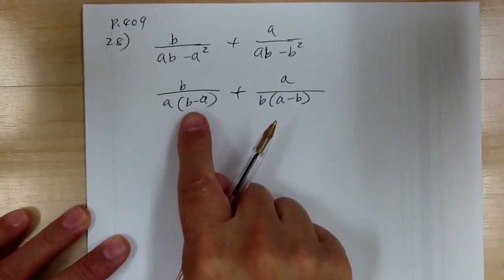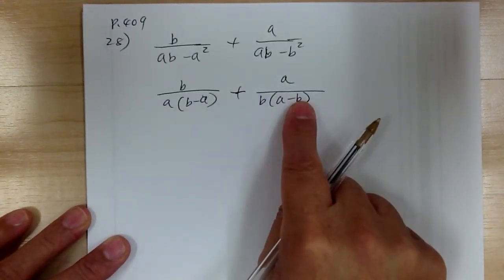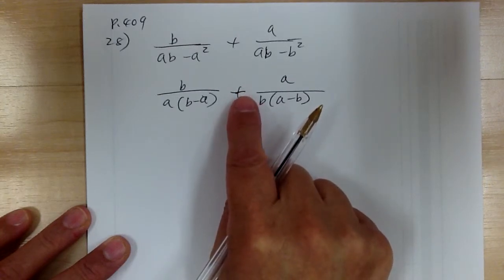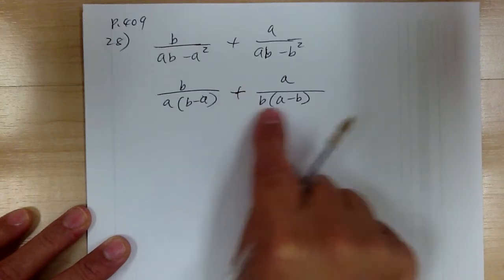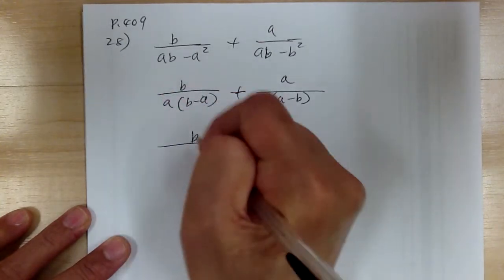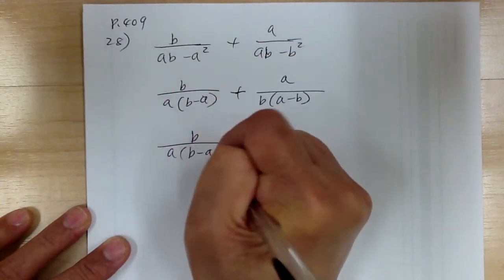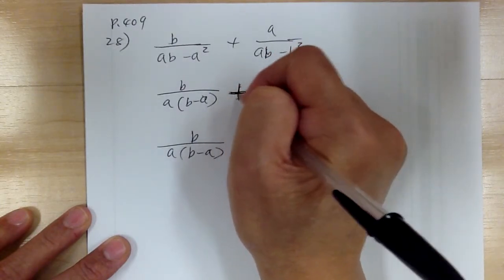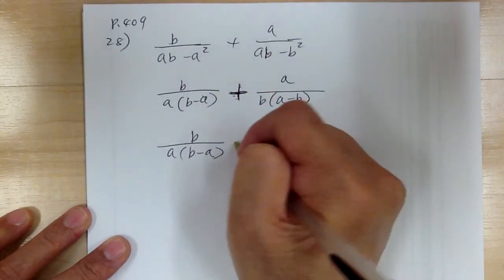Now notice you have b minus a and you have a minus b. So you can use the negative to switch the subtraction. Before you even figure out the LCD, there are two negatives, and a plus equals two minuses.